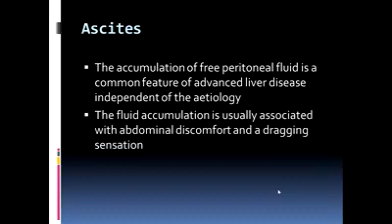It is independent of the etiology, so it is the end result of various etiologies that have led to the development of chronic liver disease. Fluid accumulation is usually associated with abdominal discomfort and a dragging sensation. Most of the time this is associated with abdominal distension with some discomfort. Other symptoms like pain are not present in these individuals.